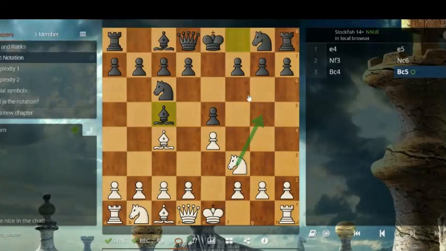But what about if I want to capture this pawn on e5? Well, we can't just write knight to e5. There has to be a specific symbol for capturing a piece also.